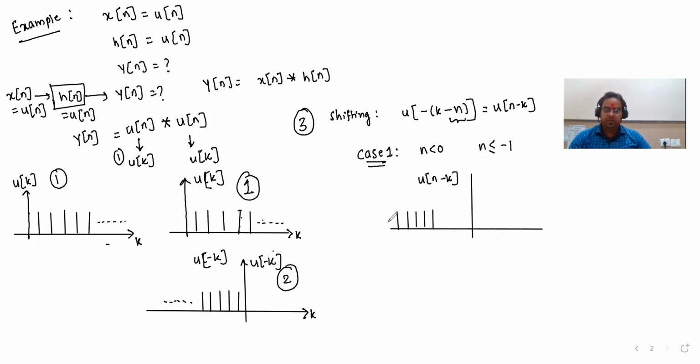Where we have this value here, this is going to be n. Suppose I have taken n as equal to -1, so this is going to be -1 only.